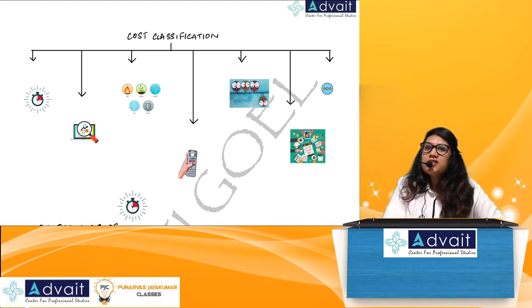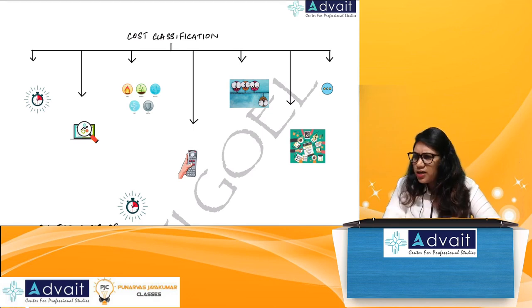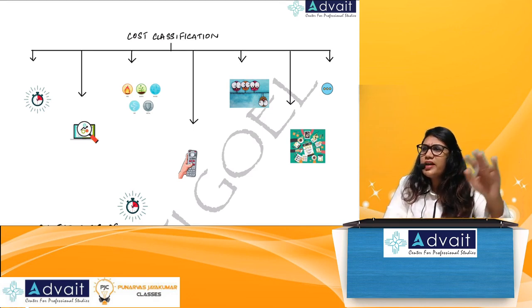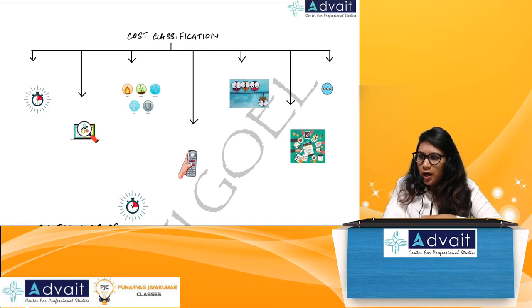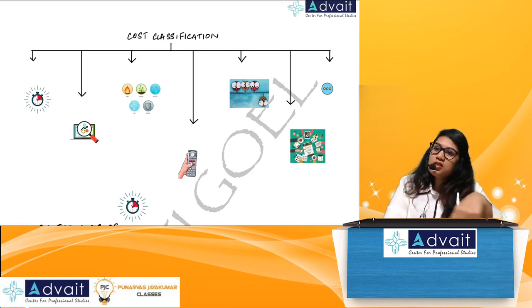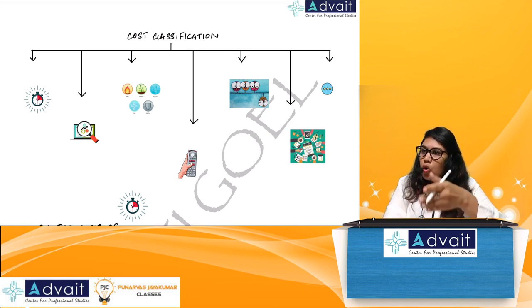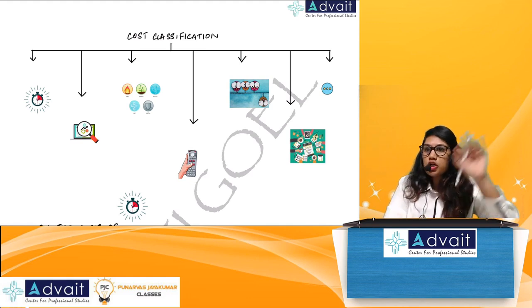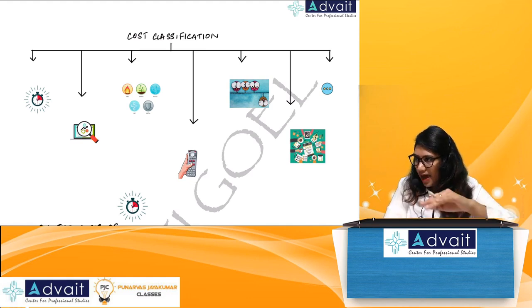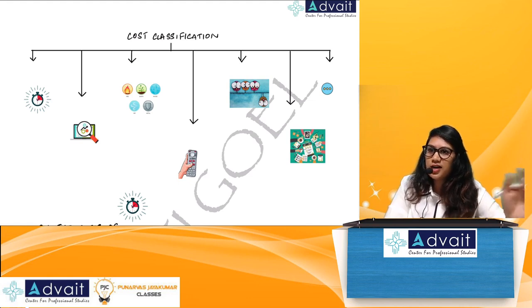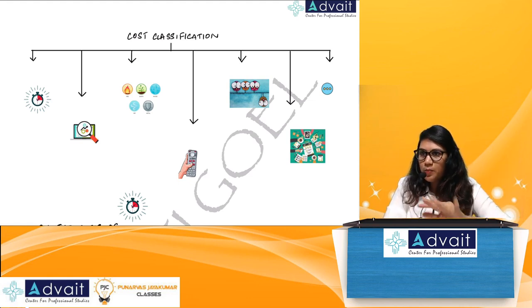We need to understand how costs are classified. Okay, because when we study our cost sheet, it's going to help us there. So initially, certain costs we don't really need to link to a cost sheet, but as we are studying this cost classification, I will slowly link each of this to the cost sheet also. Okay, so as we are understanding cost classification, side by side we will also start understanding our cost sheet. Okay, it will happen parallelly.